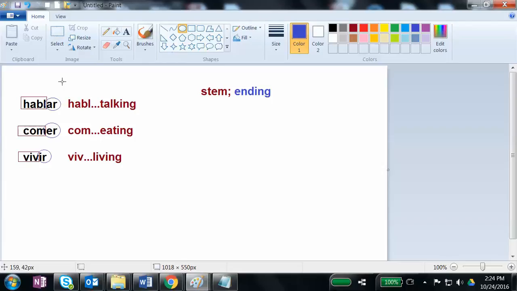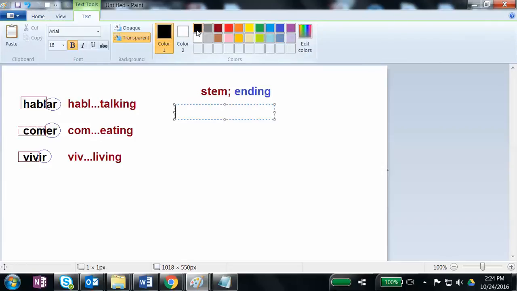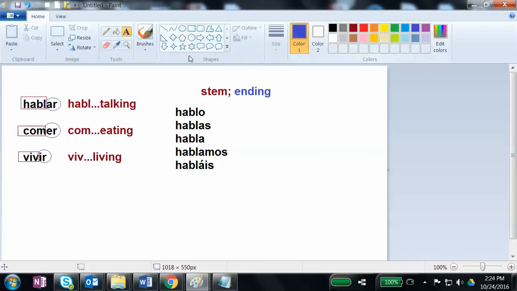And when we start changing our verbs, so for example, if I have hablo, hablas, habla, hablamos, habláis, my ending is telling me who's doing the speaking.